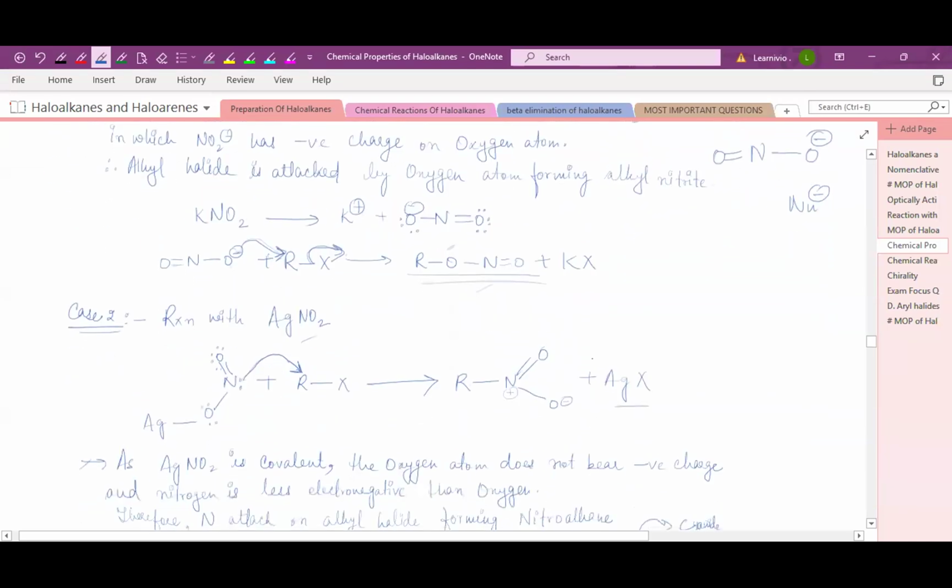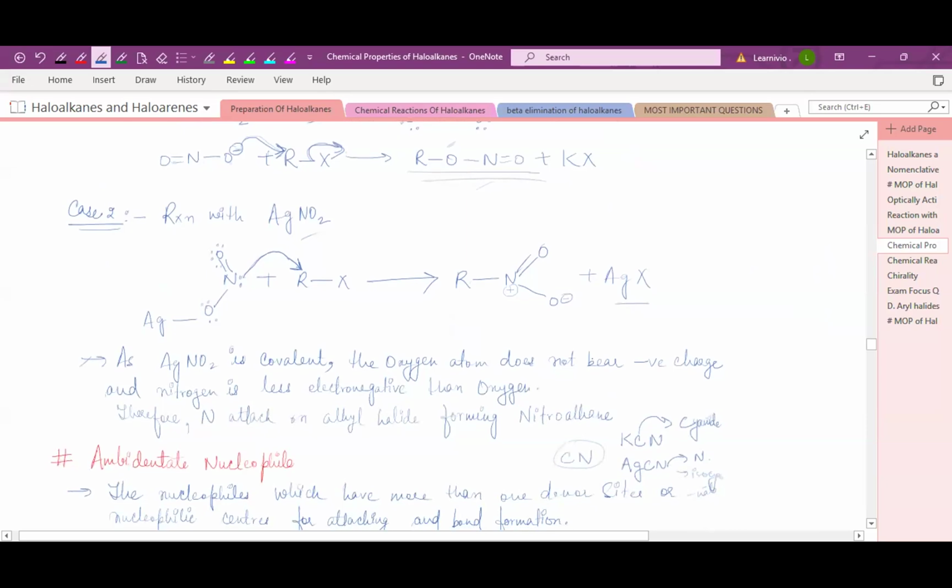Yes, ma'am. Similarly, if it is AgNO2, because it is with silver, it will form a covalent bond. Means the bond will be by the sharing of electrons. So here the oxygen atom does not bear a negative charge. Instead of that, the nitrogen has a lone pair.